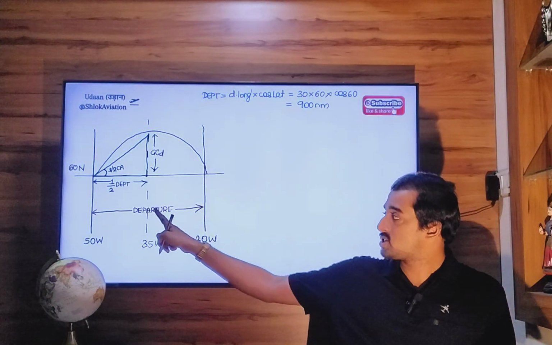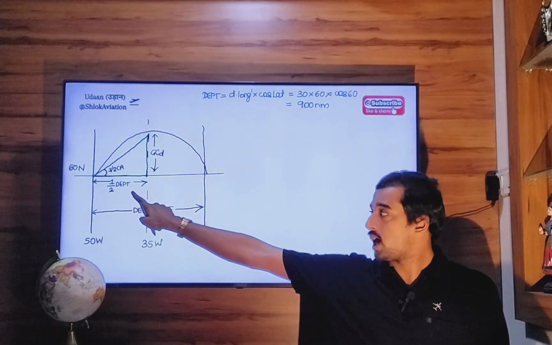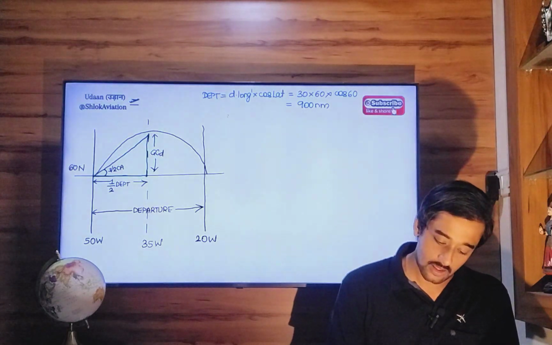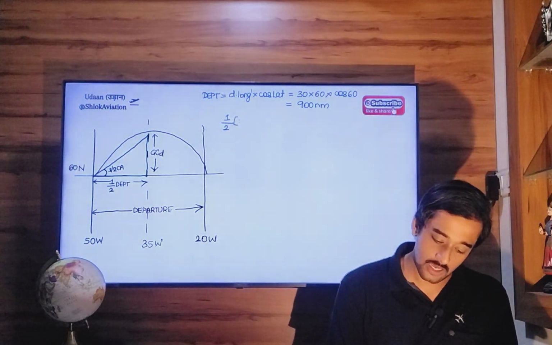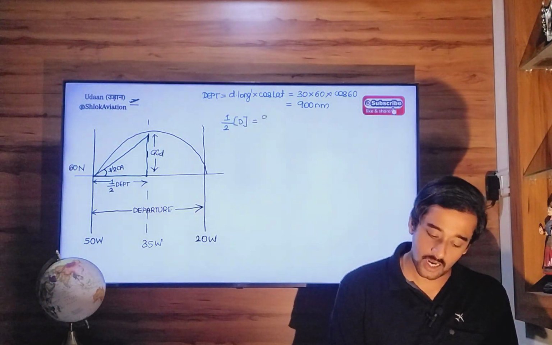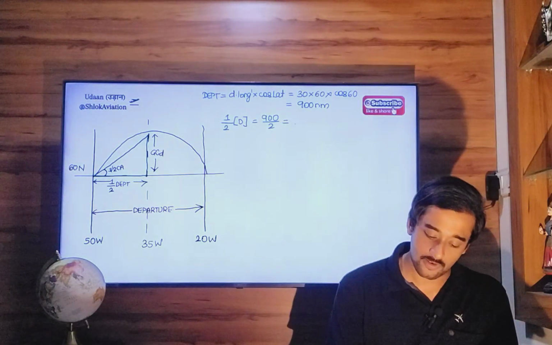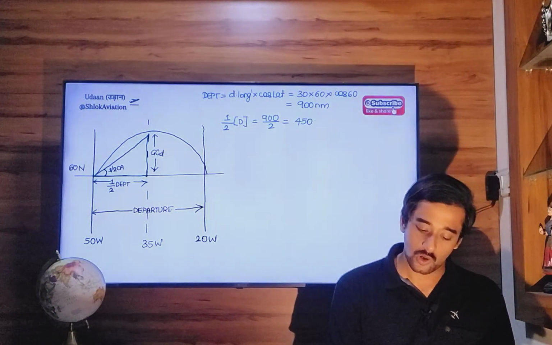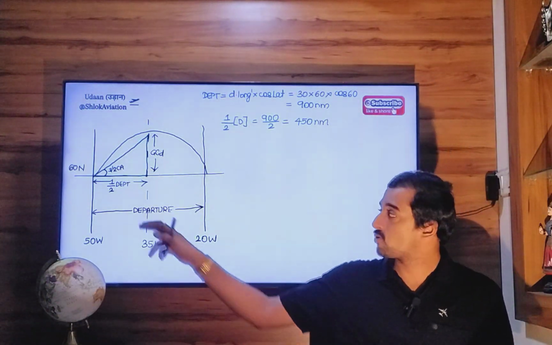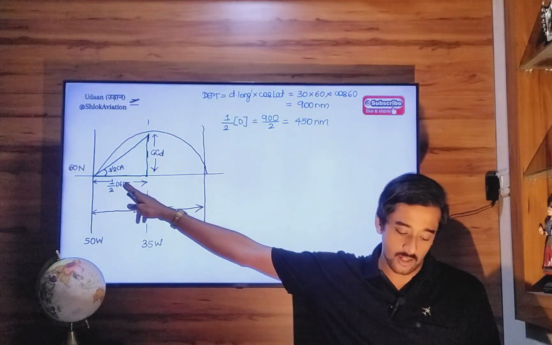So if departure is 900 nautical miles, half of departure will be 450 nautical miles. Okay, so we have got the measurement of this side of the triangle, 450.